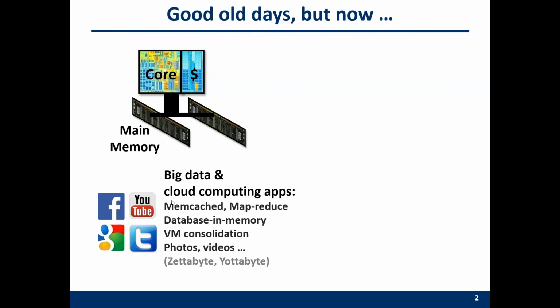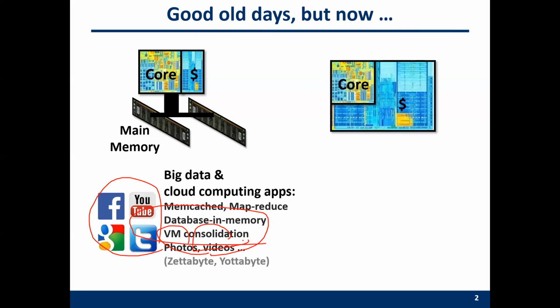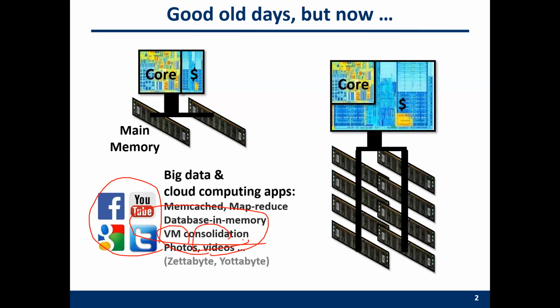Again, we need to store images or even the entire database, videos, photos in the memory, and these applications require zettabytes or even yottabytes of data. It's larger than terabytes. One simple solution is, of course, we increase the memory, not only the DRAM, but maybe the cache. We hope we can have a larger cache system.